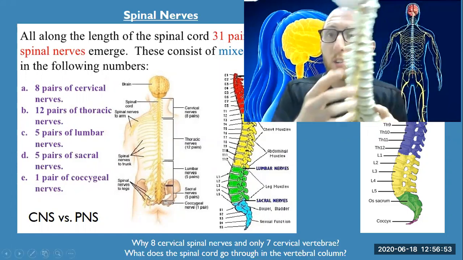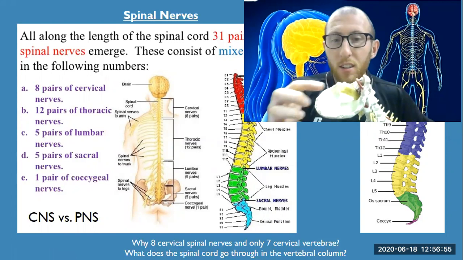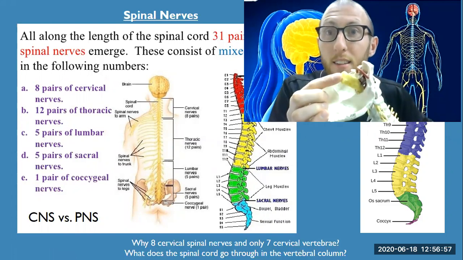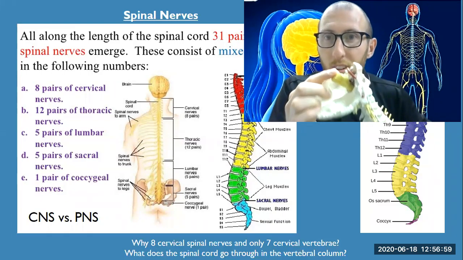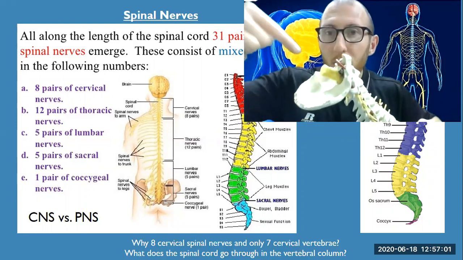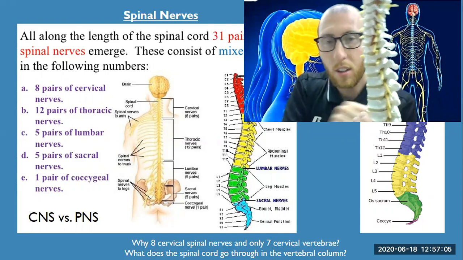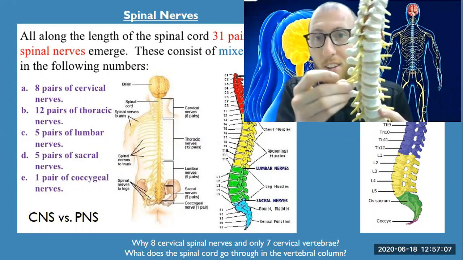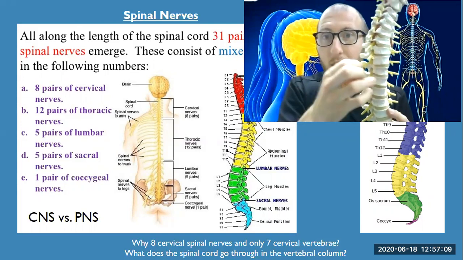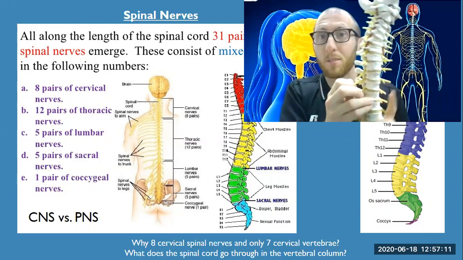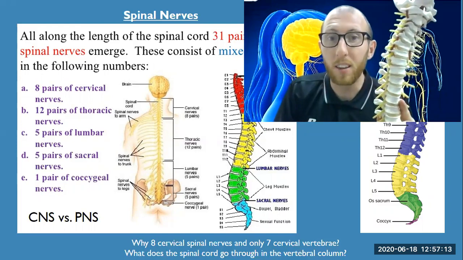But the spinal cord is the nervous tissue traveling through the vertebral column and coming out with these spinal nerves at each level. So be aware that those are different.